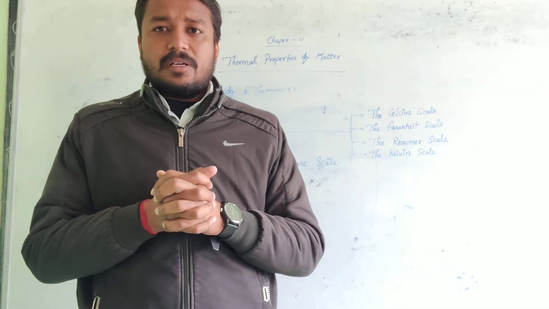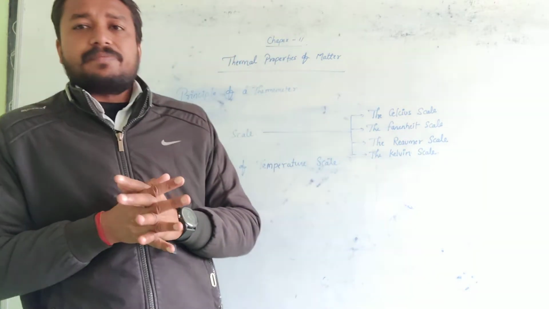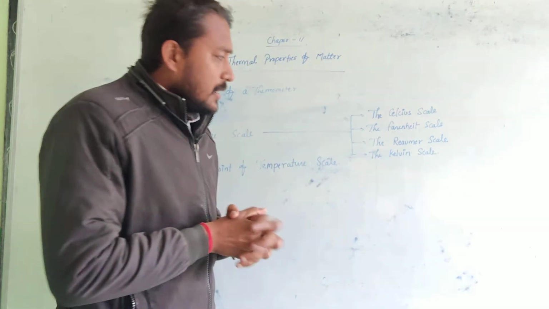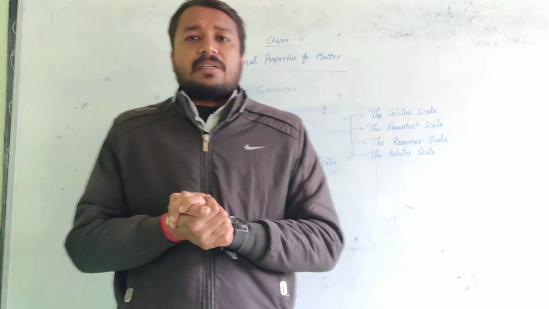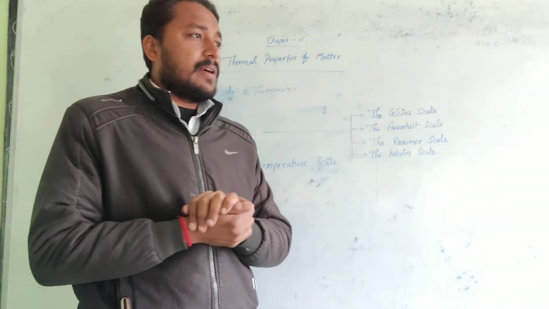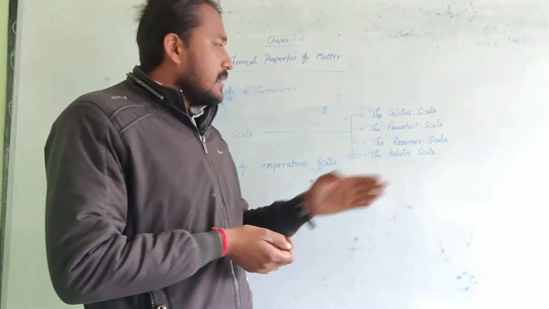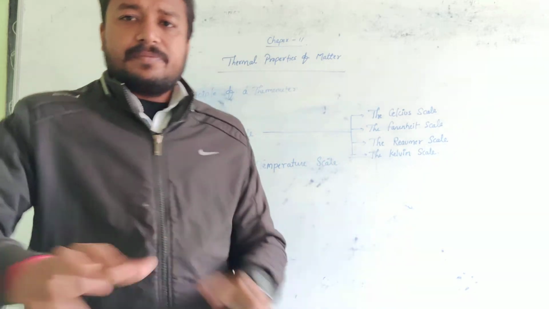You know that the temperature of a healthy person is 98.6 Fahrenheit. Okay, and the Kelvin scale is used to define the temperature of a laboratory. So these are the different types of scales which are used for different measurements.